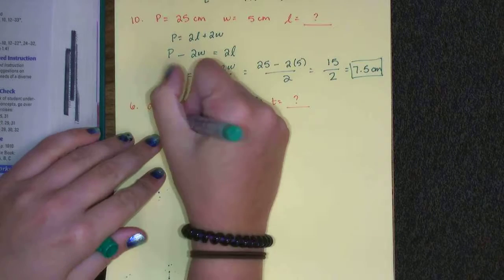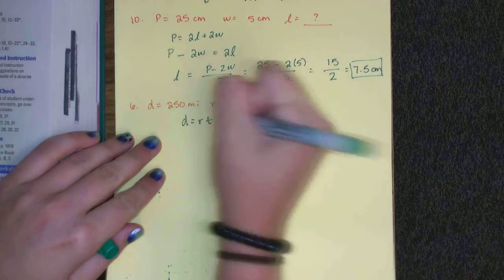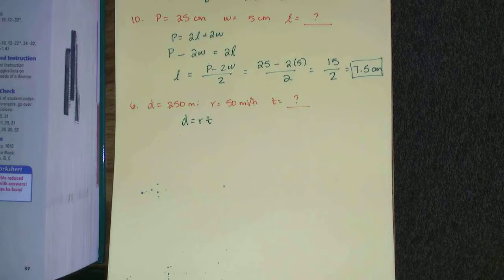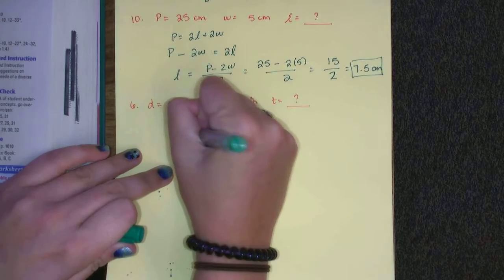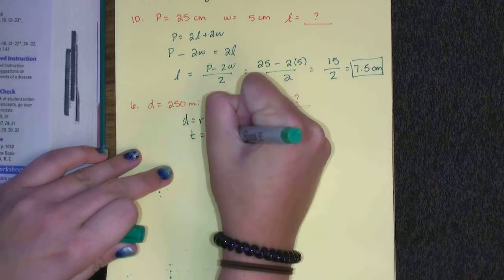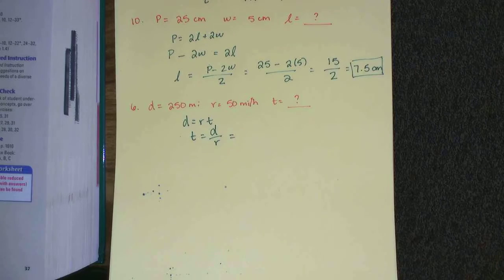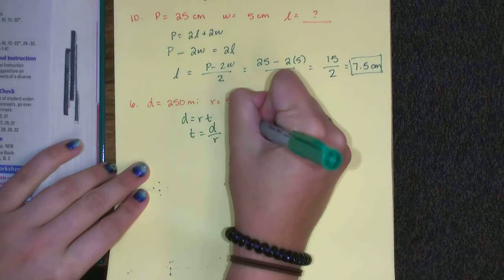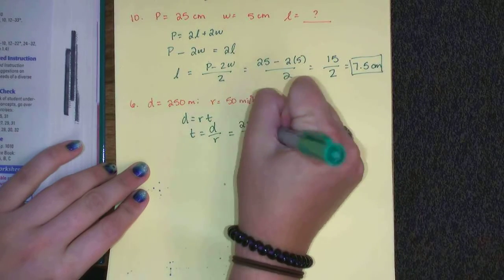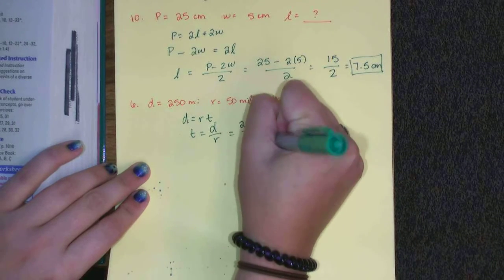So we have D is equal to RT. This time I need to solve for T, so how do I get T by itself? Divide by R, so T is equal to D over R. And now I just plug stuff in. 250 miles over 50 miles per hour.